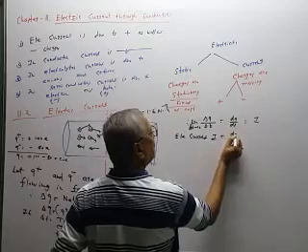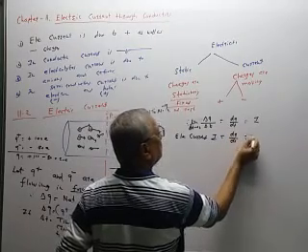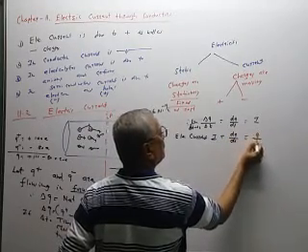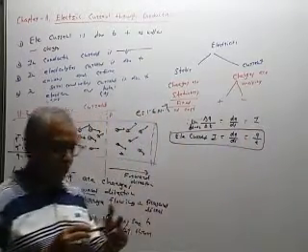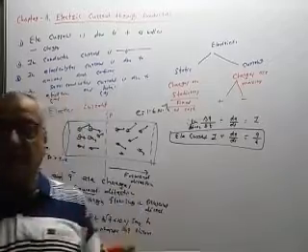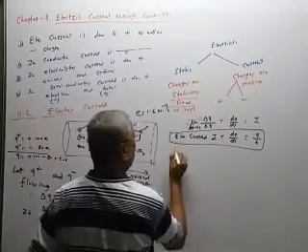Electric current I is given by dq by dt or it is also given by Q by T. So by using this formula we can define the current by two fashions.